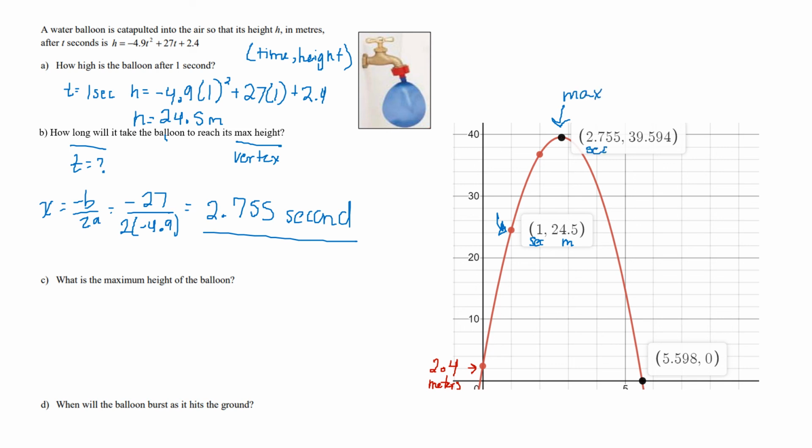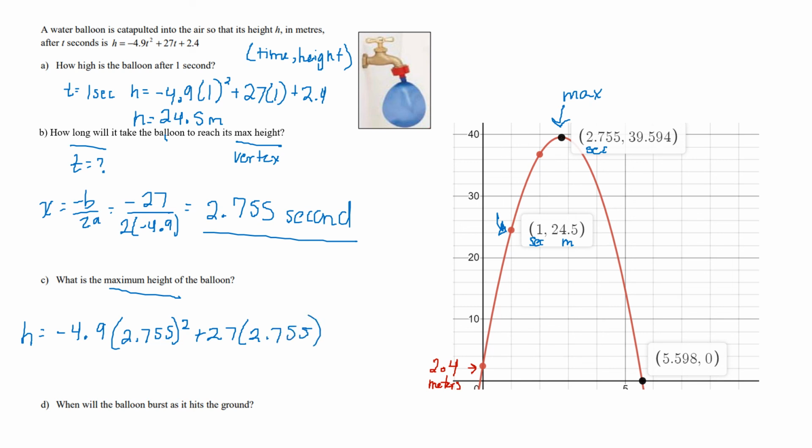Okay. And then what is that maximum height? Same thing here. We're going to take the equation and we're going to plug in what we got for that x value. And again, I'm not going to recommend anyone working these out by hand.